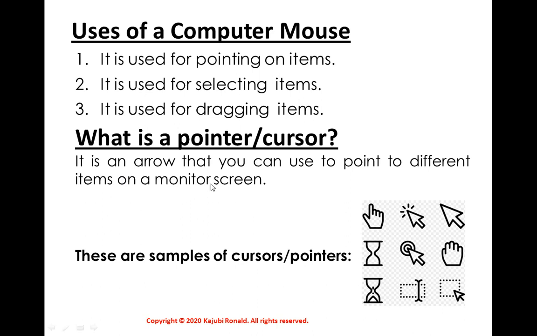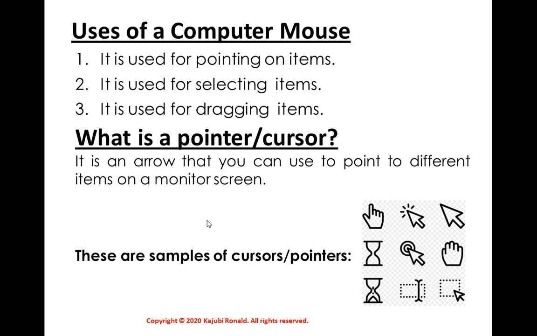So you move this pointer, either to the left, to the right, at the bottom, in the middle, up. I can come and point on anything of my choice, right? Using a pointer. So this is a pointer. The one I'm moving is the one we call a pointer. Doesn't it resemble this shape drawn here? So the pointer is just an arrow.